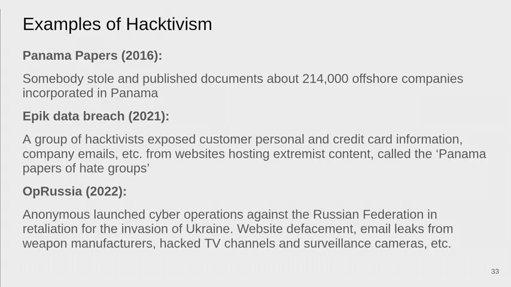A bunch of examples of hacktivism: the Panama Papers, releasing financial information about offshore companies by a hacking group; the Epic data breach, different kinds of customer personal data and credit card information that was leaked; Op Russia, where Anonymous launched cyber operations against the Russian Federation, whatnot.